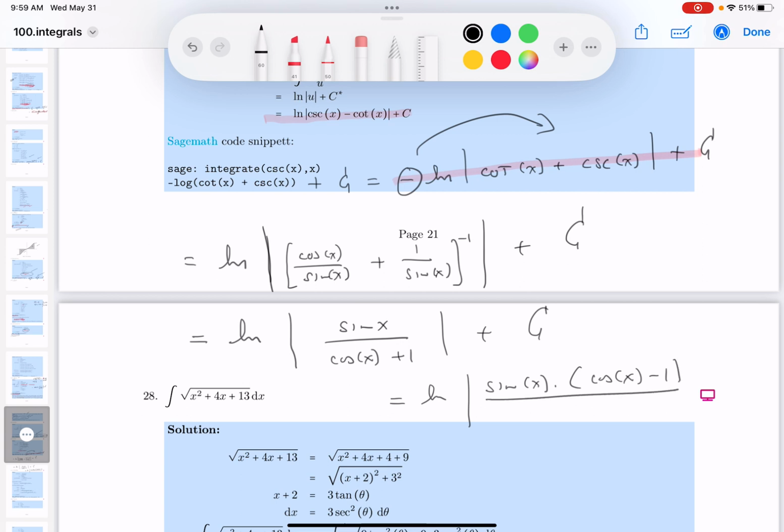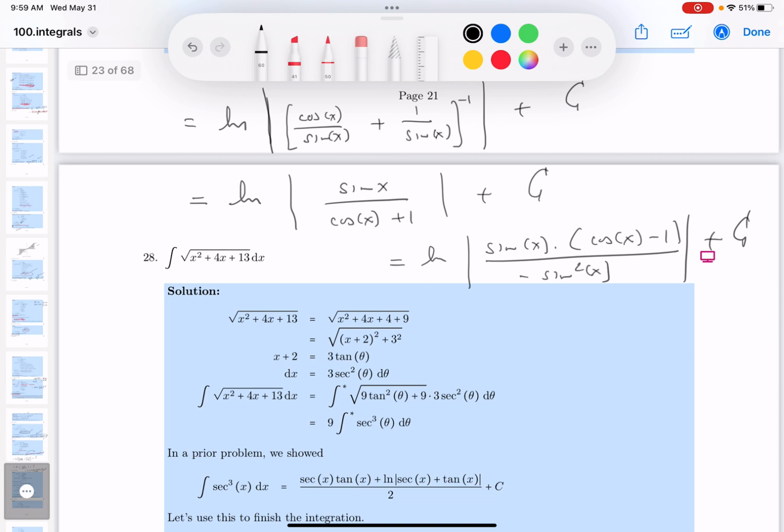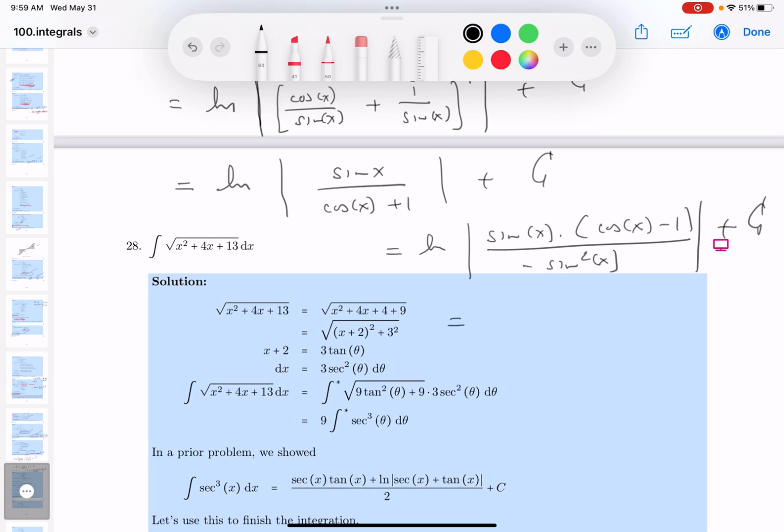On bottom, you're going to get cosine squared minus 1. Let me just think about that for a second. You get cosine squared minus 1, which would be minus sine squared. Absolute value plus c. Well, the absolute value of the minus 1 is just going to be 1, so I'll write that down now. So what are you going to get?